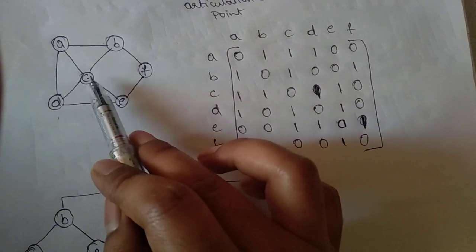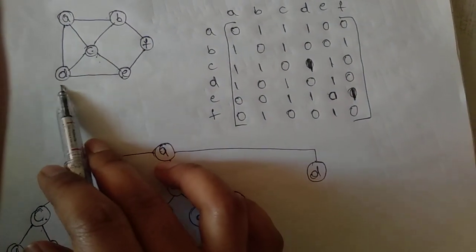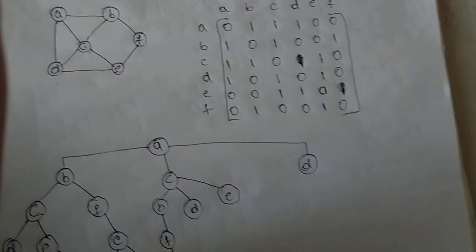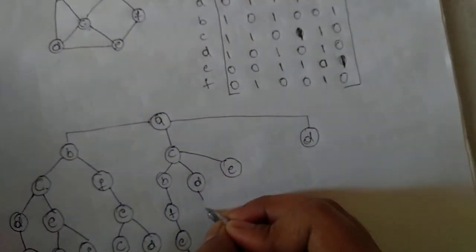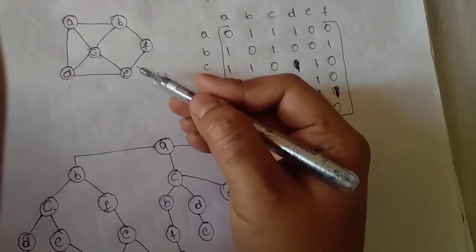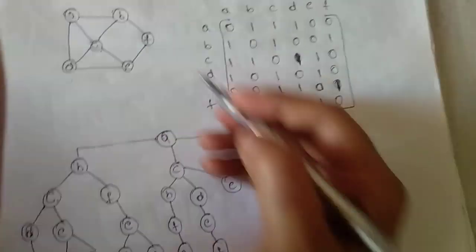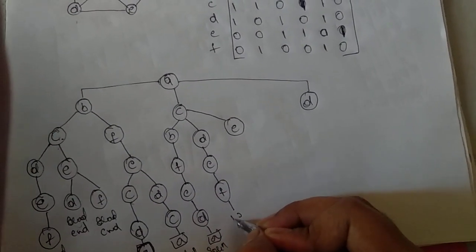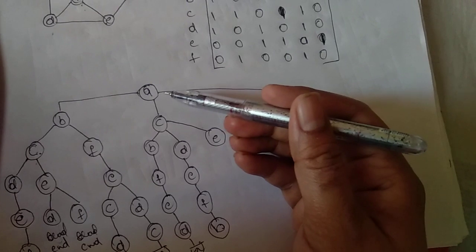Okay, next from A to C, C to D. Is that not? From D you can either go to A or E. Directly now you cannot go to A. So first I'll come to E. D to E. Then from E to F. From F to B. B to A. But before going to A, you check all the vertices are present or not.